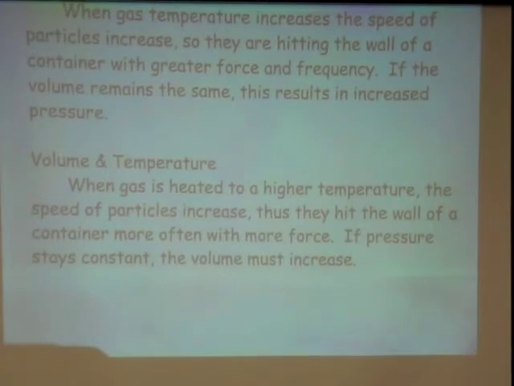Then if we're in a flexible container, you guys, like a balloon or a tire, the volume is going to get larger or smaller.